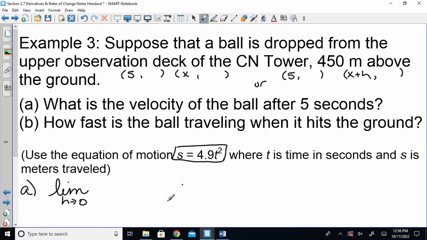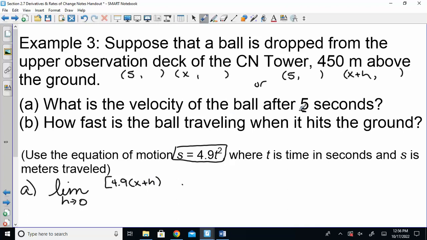So if I set it up as the limit as h approaches 0, we have to do f of x plus h minus f of x, all over h. All right, f of x plus h means I go to this equation and I'm replacing my t with an x plus h in this scenario.